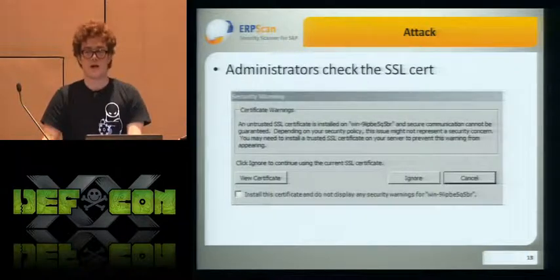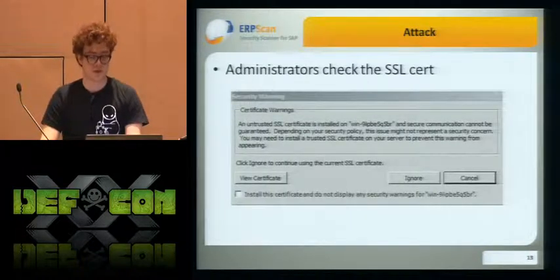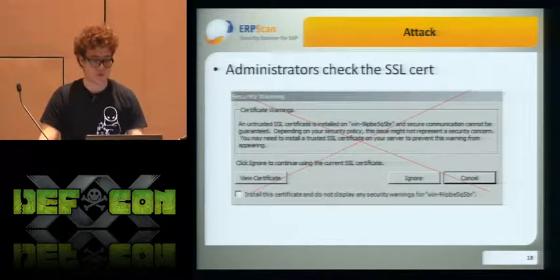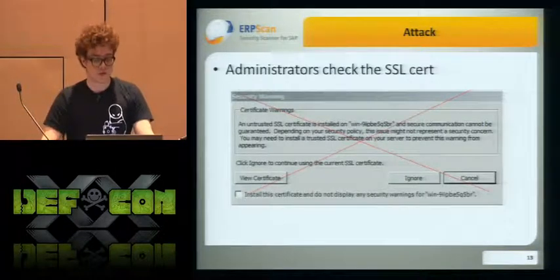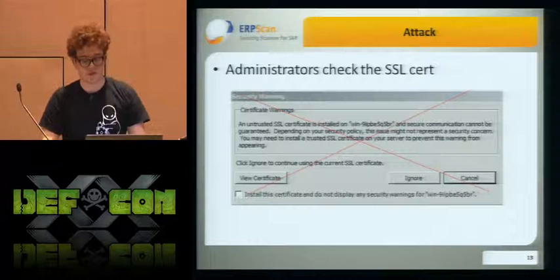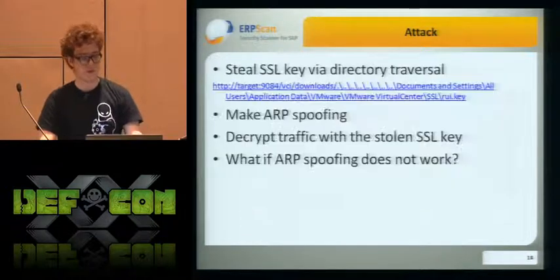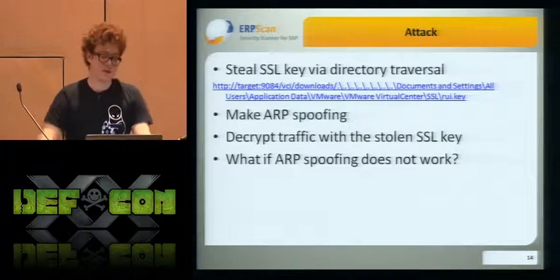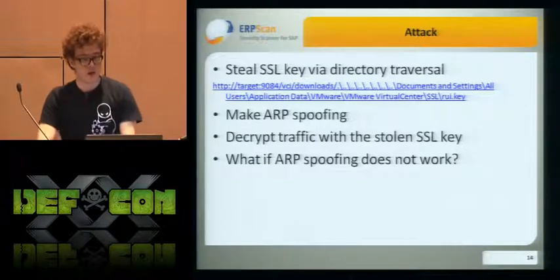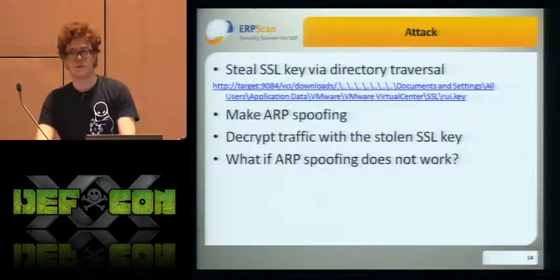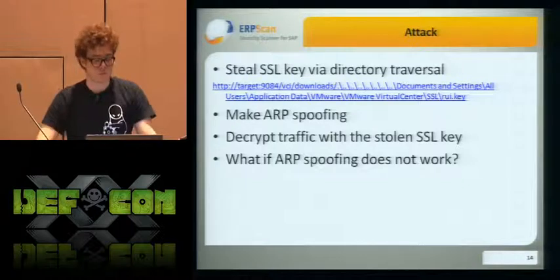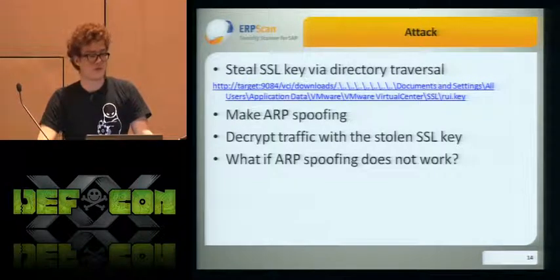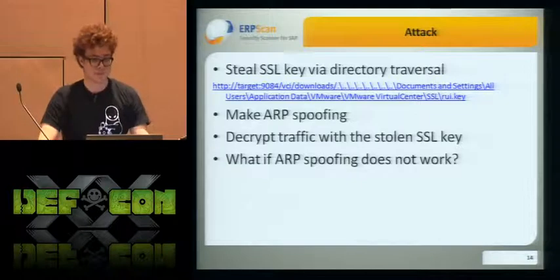But the administrators of this network were pretty clever, and they added the certificate to trusted and didn't clear the checkbox, so it doesn't work. So we found another way. We just steal the key via directory traversal and do ARP poisoning, then decrypt the traffic. But what if ARP spoofing doesn't work?